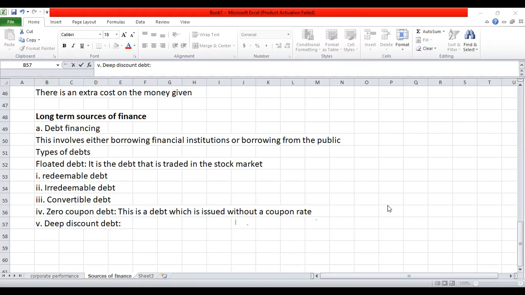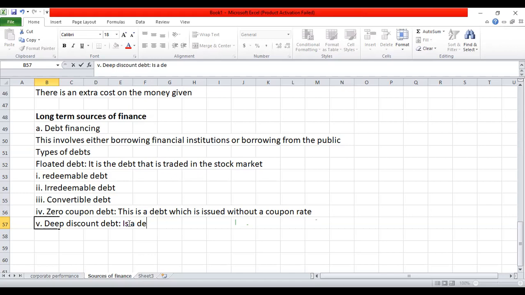I said a zero coupon is a debt which has no coupon rate. There is no interest rate on that debt. So the owner only gains if the price of the debt goes up. So the only benefit is the capital gain.